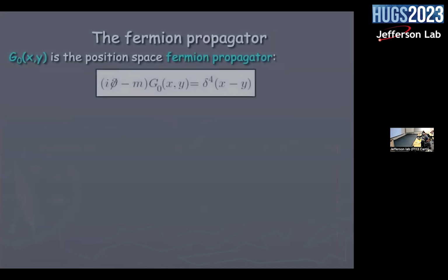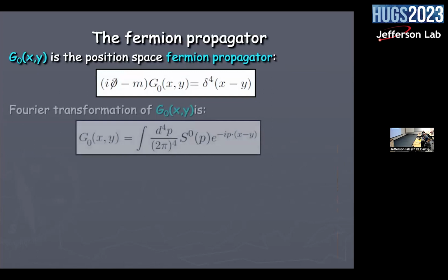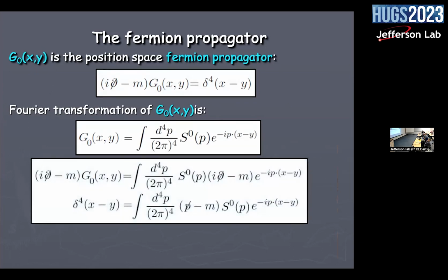So, what is G0 of x,y? I would not spend much time on it because I'll come back to it later. It is a Green function at x, y, a function of x minus y. If you take the Fourier transform of it, it is generally what we call the fermion propagator, because if you operate with i d-slash minus m, this does not depend upon y, this depends upon x.